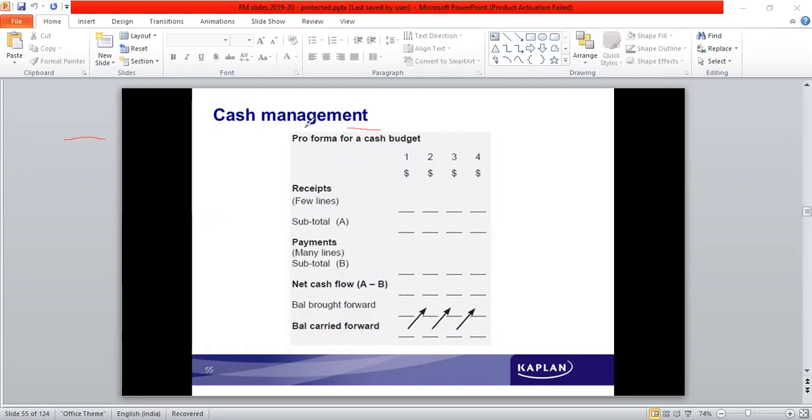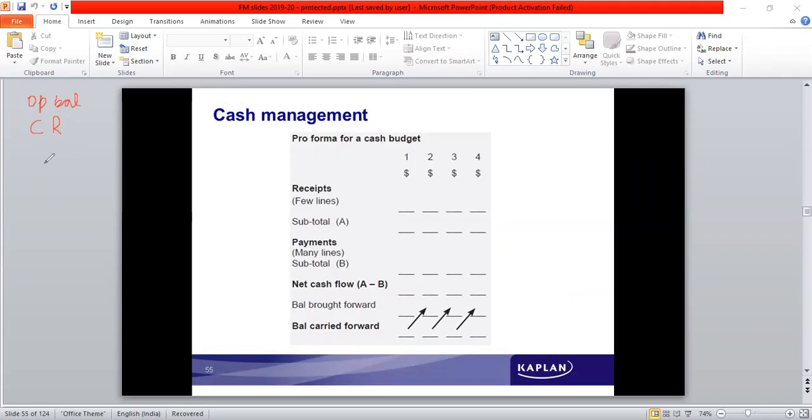The first thing is they have to understand the cash receipts. For preparation of a cash budget, the cash receipts are taken into consideration. And if there is any balance at the beginning of the period, that is the opening balance of cash. So opening balance plus the cash receipts from the customers, these two things are taken into consideration.